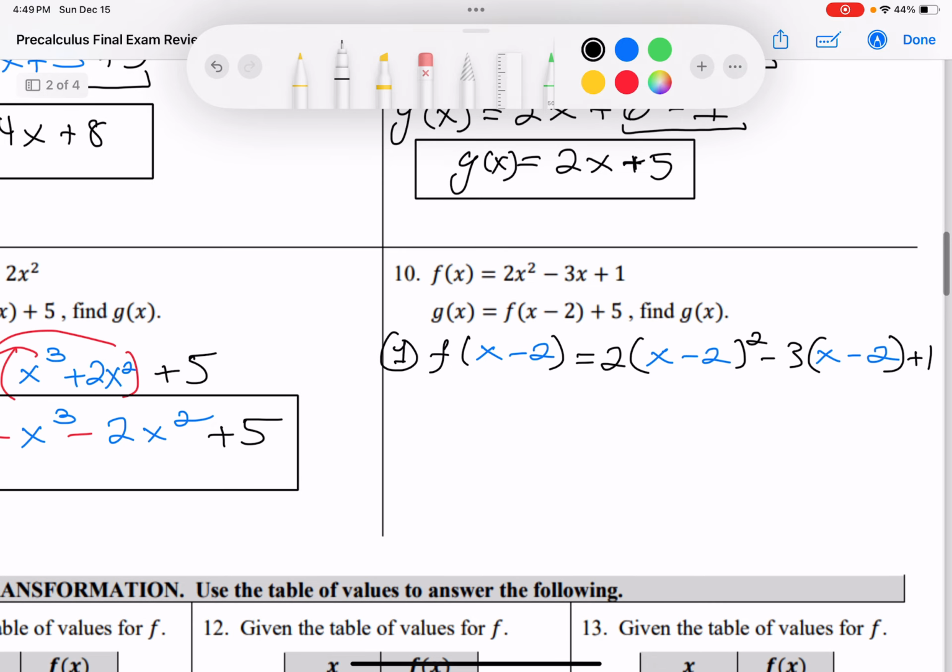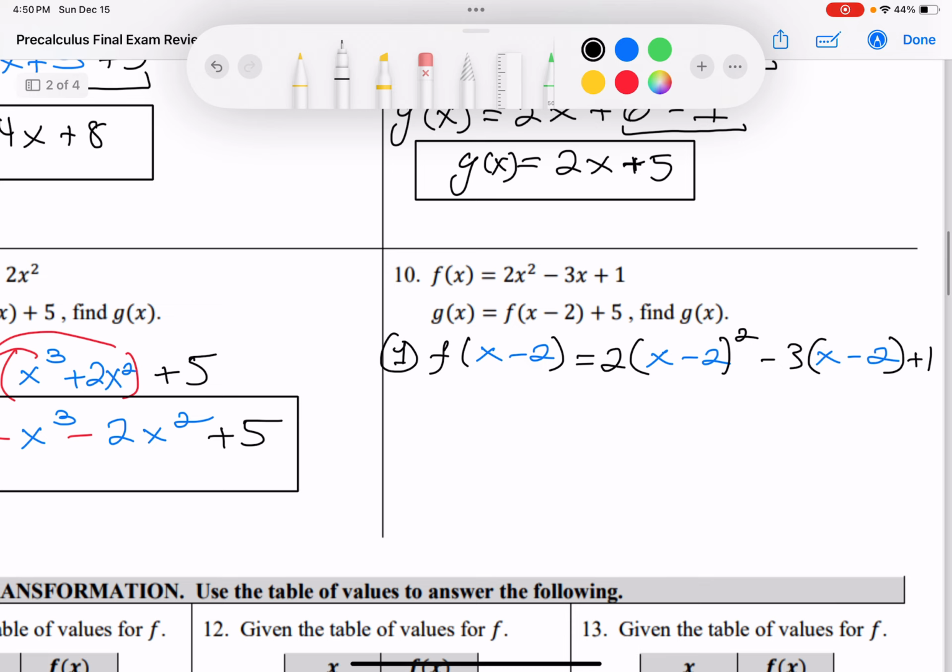Now, remember, x minus 2 to the second power is not, please do not write this as x squared minus 4 or x squared plus 4, because that is incorrect. I'll do it over here. x minus 2 squared is the same as x minus 2 times x minus 2.